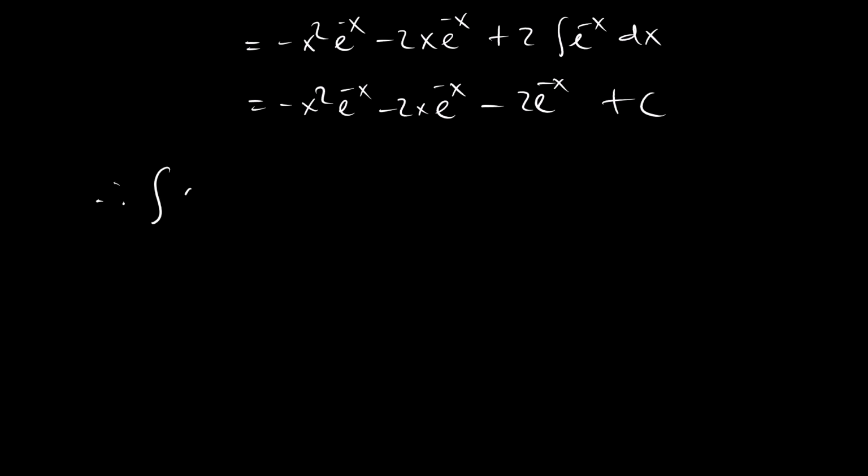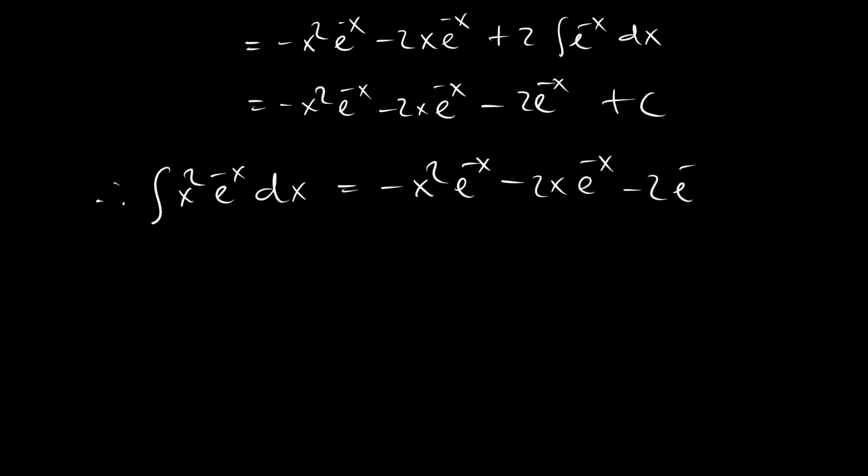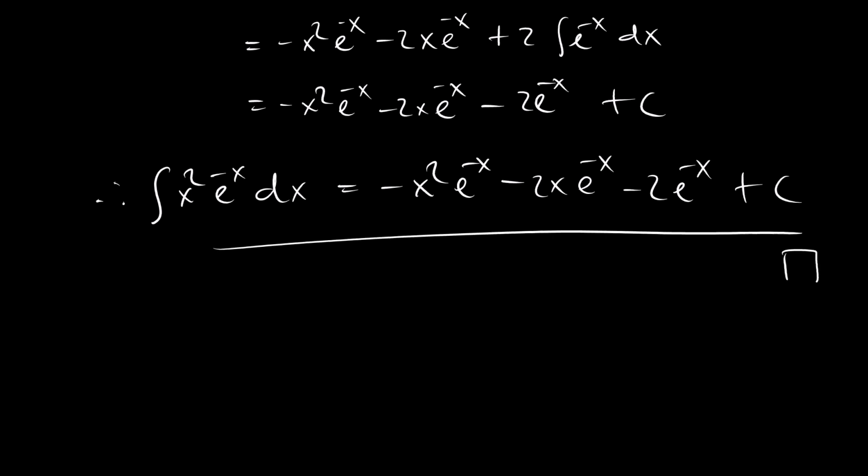Therefore, the integral of x squared times e to the negative x is the same as that, plus c. And that is our answer.